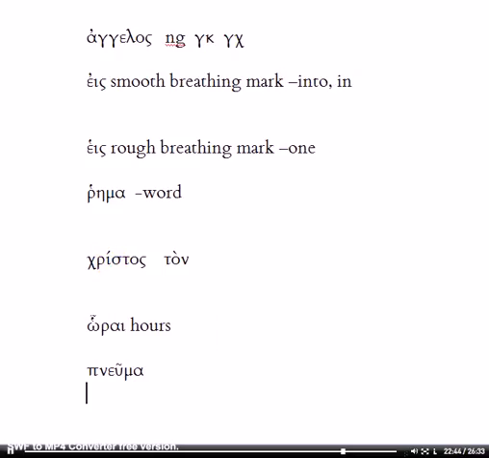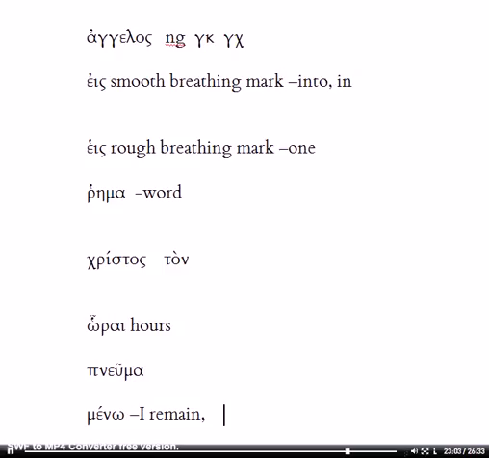Now, there are a couple exceptions where accents do matter. Sometimes accents can make a difference between one word and another. For instance, take the word meno. Meno means I remain, or I am remaining. It's present tense.